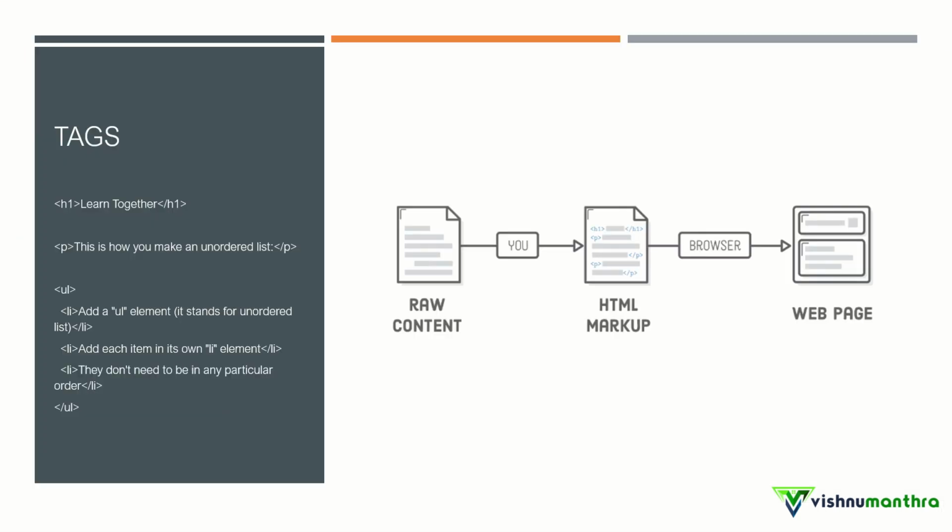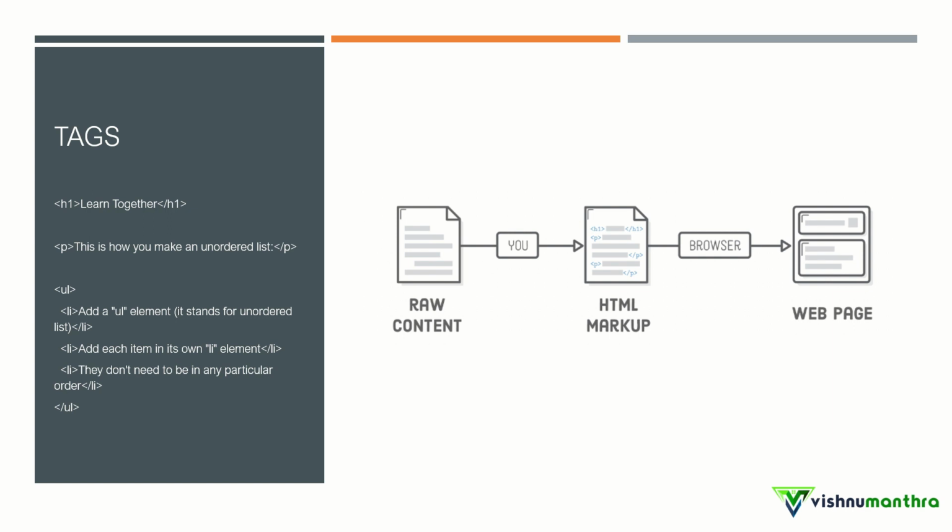There are many other tags available, like headings, from H1 to H6, which you can use to show the headings of the web page. A paragraph you can mark with a P tag. Then for lists there are tags available, like for an unordered list there is a UL tag which contains li as the list contents. So now you might have understood what an HTML page is.